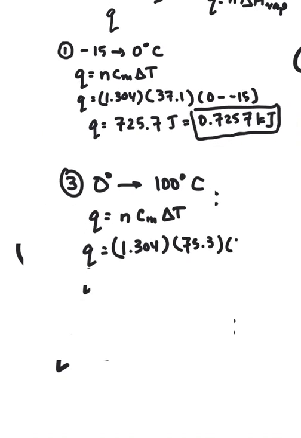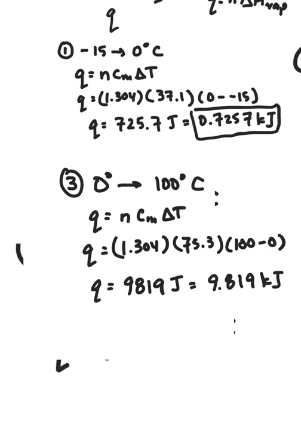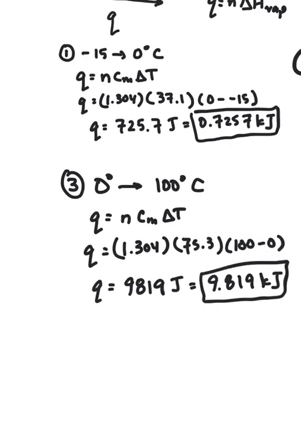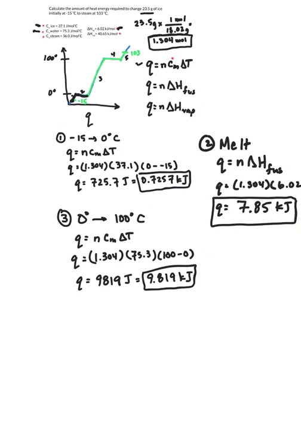Our temperature change is our final temperature minus our initial, so 100 minus 0. Multiplying all of this out gives us 9,819 joules, and again I'm going to spare myself trouble at the end and just convert to a consistent unit now in kilojoules, 9.819. All right, that gets us through this third leg.